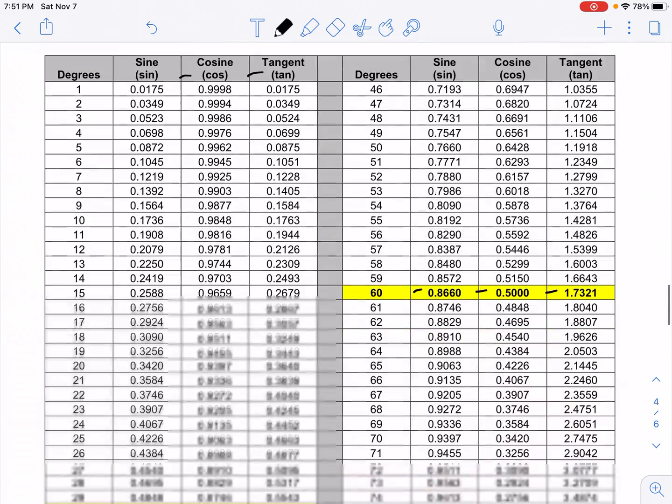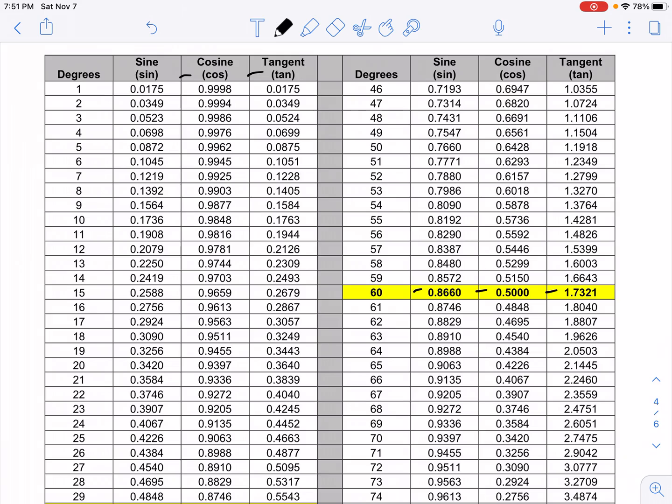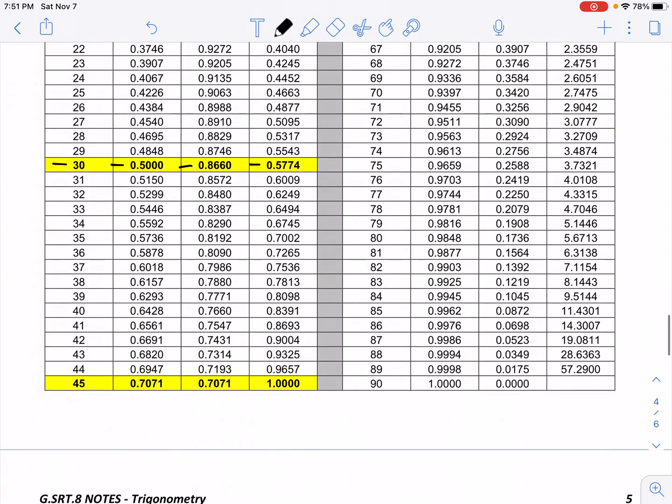What's nice about this table is that we can look at any degree measure. For instance, we could go down to the 45 degree measure and find what the sine, cosine, and tangent ratios would be. Or we could look at 80 degrees and find the sine, cosine, and tangent ratios there. That gives us the relationship between the sides.